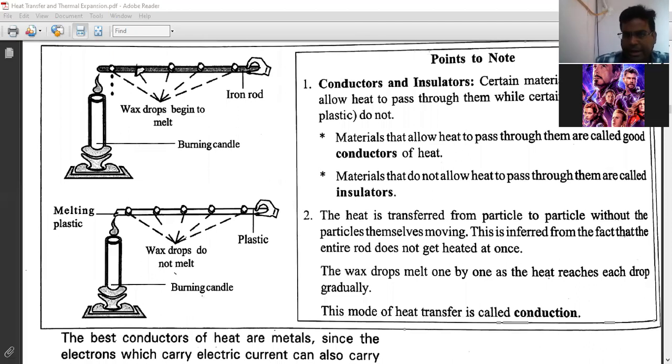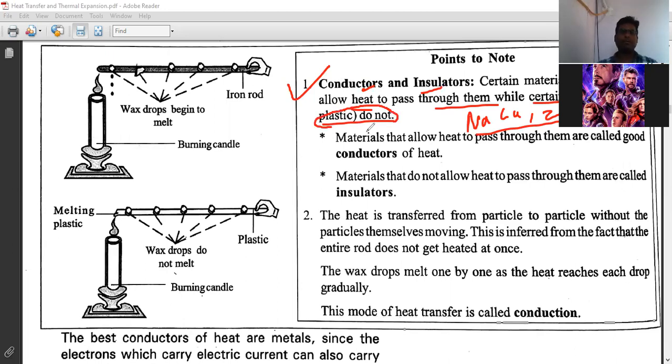Points to note in conduction: first is conductor, and second is insulator. Certain materials like metals allow heat to pass through them, like sodium, potassium, copper, aluminum, zinc. These are the metals which allow heat to pass through them. And insulators, like plastic, do not allow heat to transfer from one point to another.